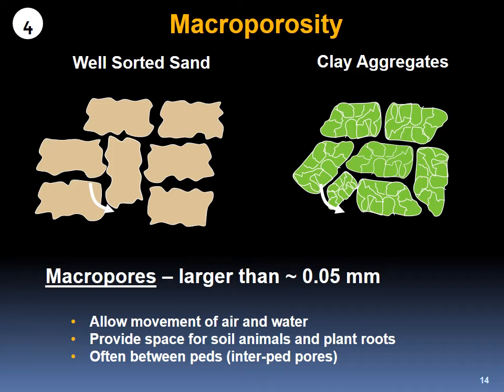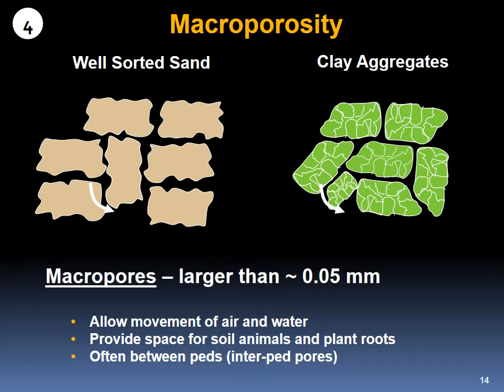So you are comparing a structure of clay with sand. When you look at this picture, you would see that clay aggregates have large spaces between each one and another. Actually, those spaces are called macro pores.